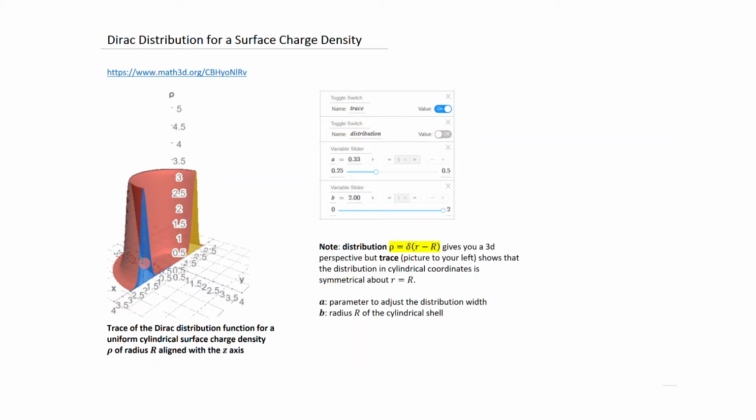And how do we model that in a cylindrical coordinate system? Rho would be delta(r minus R). So at r equals capital R, which would be the radius of this cylinder, this is when the function blows up. So this is a way of representing the Dirac delta function when we're dealing with a surface charge density.